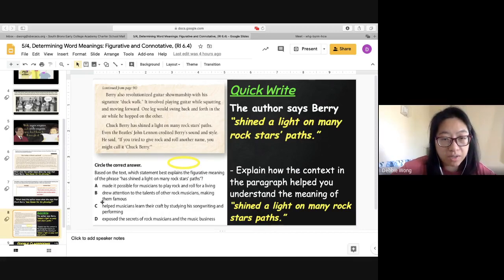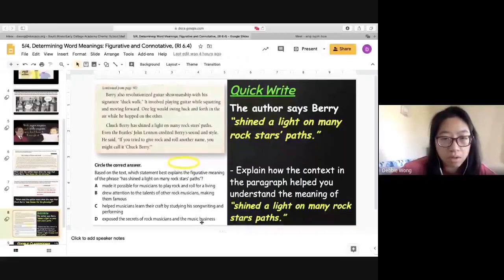Is it A, B, C, or D? A, made it possible for musicians to play rock and roll for a living. B, drew attention to talents of other rock musicians, making them famous. C, helped musicians learn their craft by studying his songwriting and performing. Or D, exposed the secrets of rock musicians and the music business.